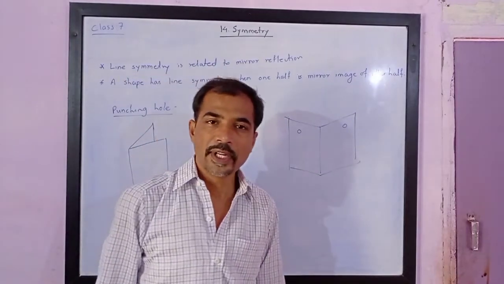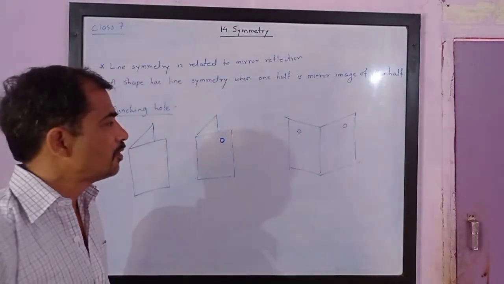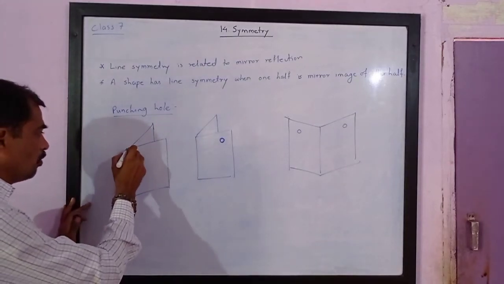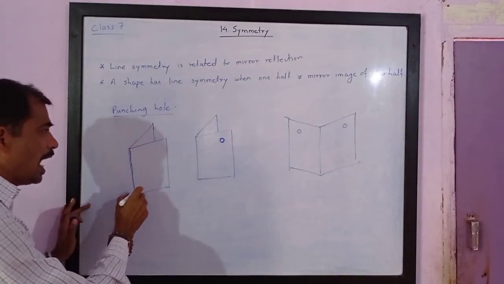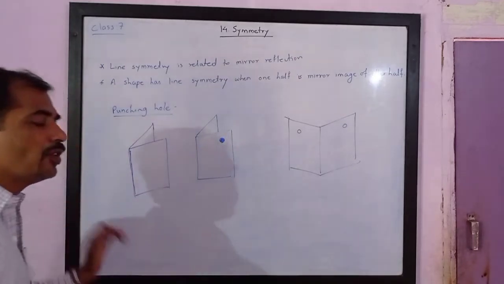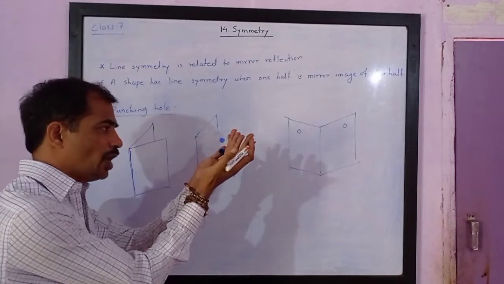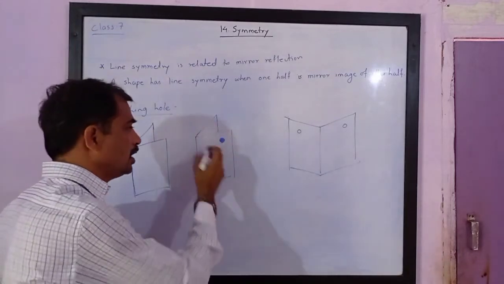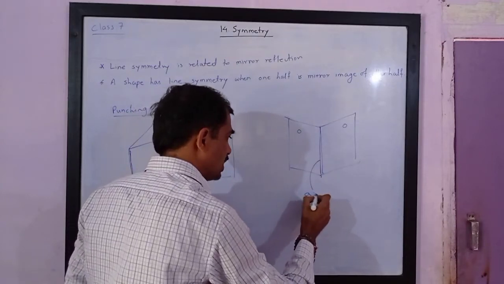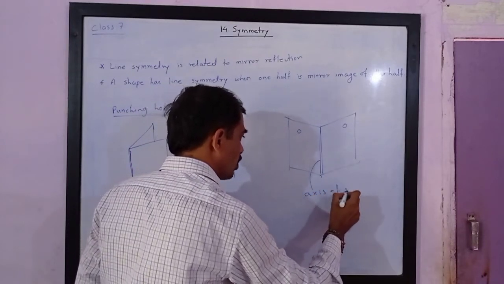We are studying line symmetry. Let us understand with some other figure. Now if you fold a paper along this line, and then punch a hole in it with a punching machine, and if you unfold the paper, then this fold is called the axis of symmetry.